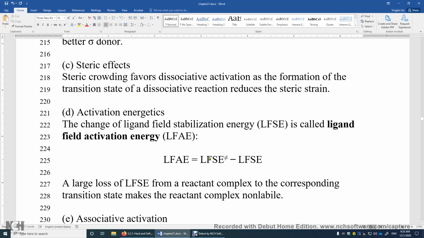The transition state is even less stable, or higher in energy, than the reactants. So that will make this energy barrier larger and the reaction rate constant smaller, and that means this reactant complex is more non-labile. Non-labile means it's more stable, and it's more difficult to replace one of the ligands in the reactant complex.